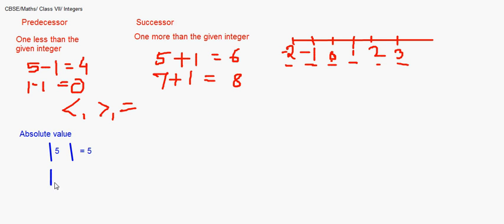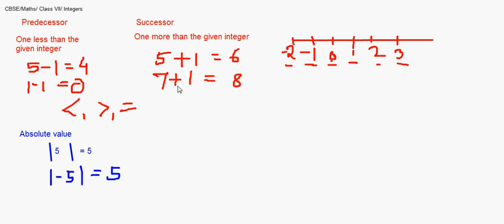If this had been given as minus 5, the absolute value will also be 5, because the definition itself tells us that the absolute value of an integer is the numerical value of the integer.